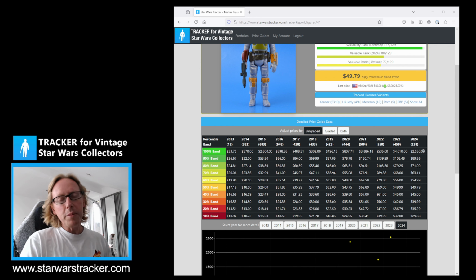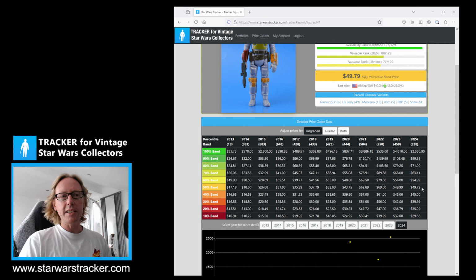So I hope you followed that, and the implications of that are quite helpful, I think. So what I like to do is I look at the 50% band and see a price of $49.79. Why I like the 50% band is that for half the figures that were in the market and sold, half the figures were $49.79 or less.